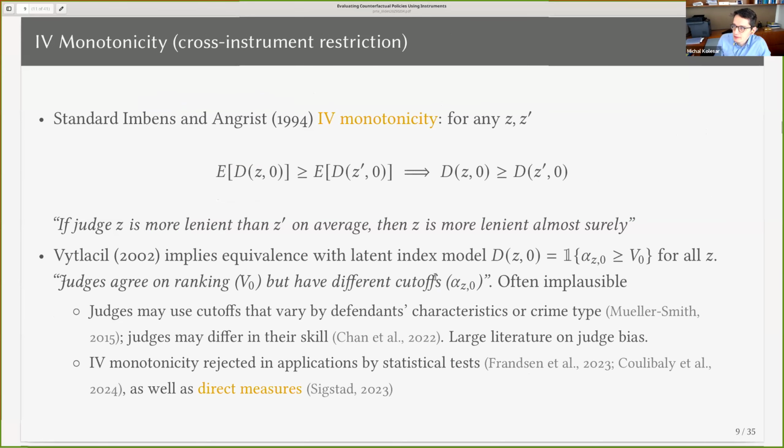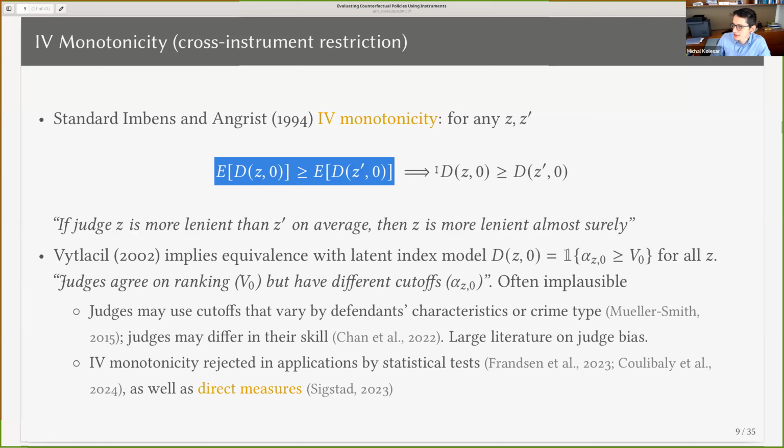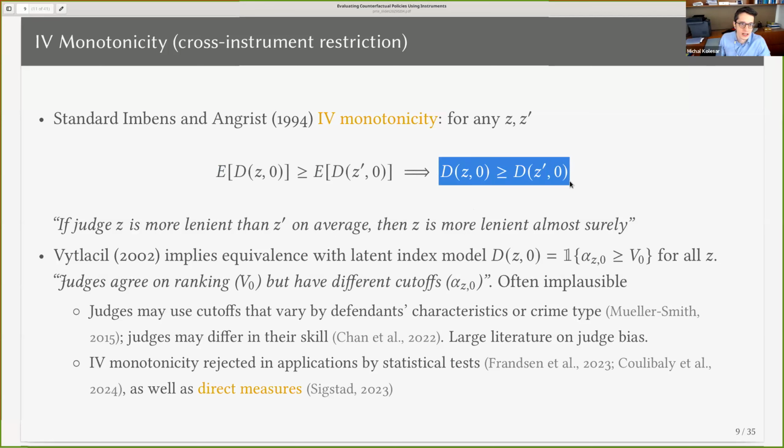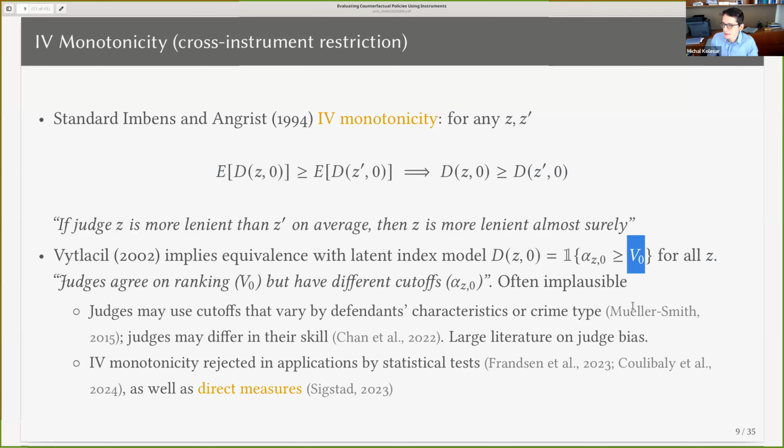In contrast, the IV monotonicity assumption of Imbens and Angrist is a cross-instrument assumption. It says that if a judge Z is more lenient than Z prime on average, in this average sense of expectations, then it must be more lenient for every case. And again, this is equivalent to a latent index model, but here the rankings for all judges are common across judges. So the judges don't disagree on the rankings of the defendants.